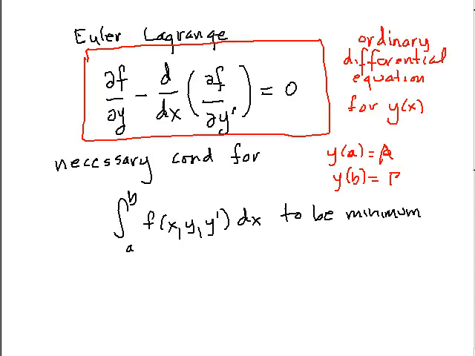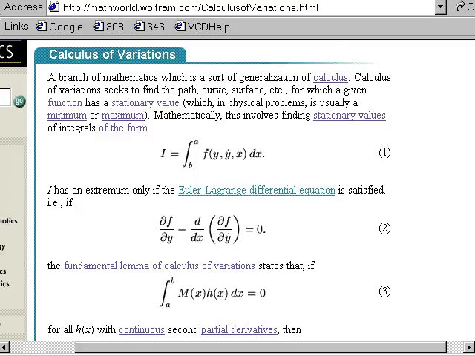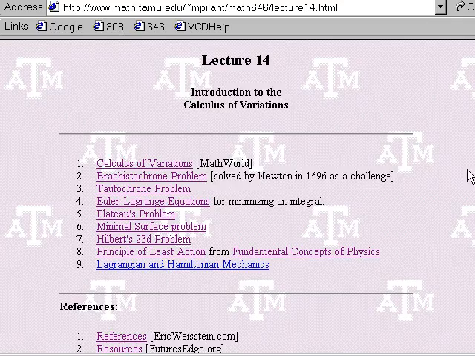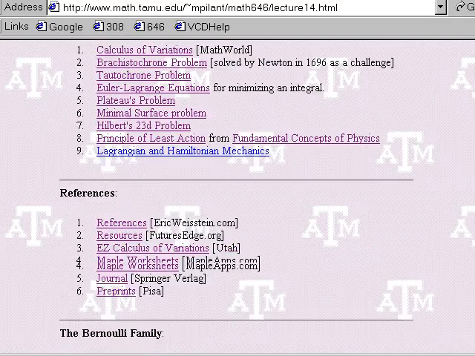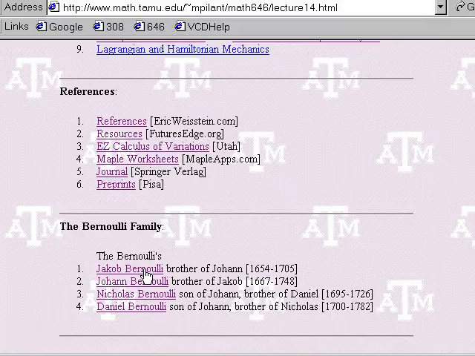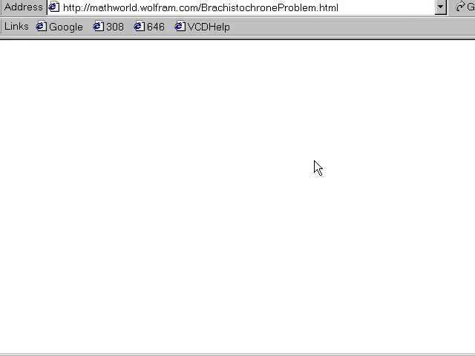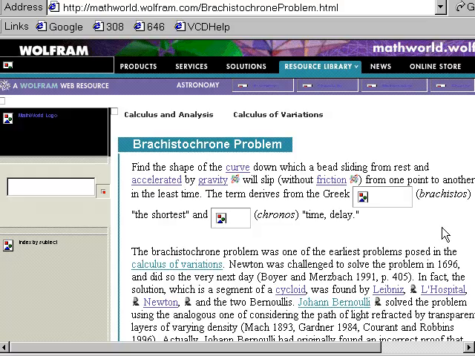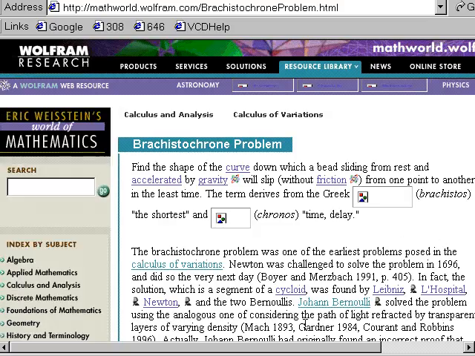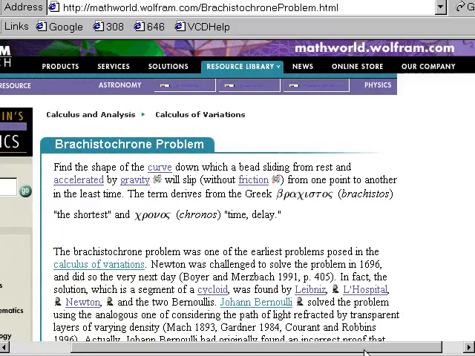Okay, now let's go back to some history. The Bernoulli brothers, and actually there are four of them here, there was a father and an uncle and then the two sons. They posed the following problem. It's called the brachistochrone problem. Now the brachistochrone comes from two words in the Greek.